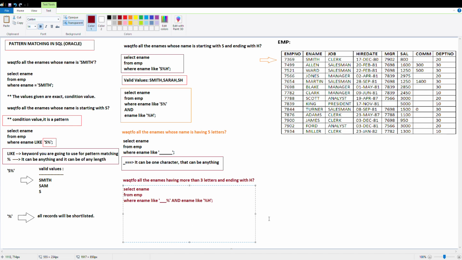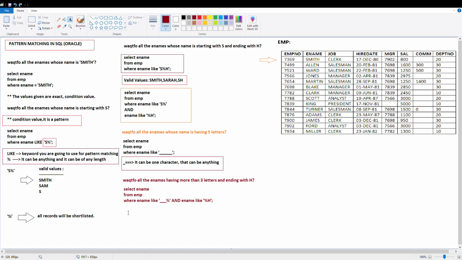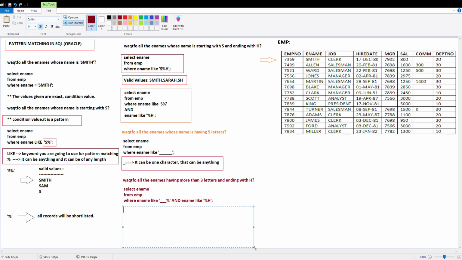So what am I doing now? They should satisfy two conditions. The conditions are: it should contain a minimum of 3 letters, and the last letter should be H. So what are some of the values that can get shortlisted, in case the data is there in the table?